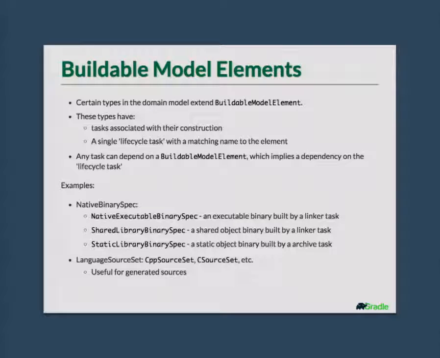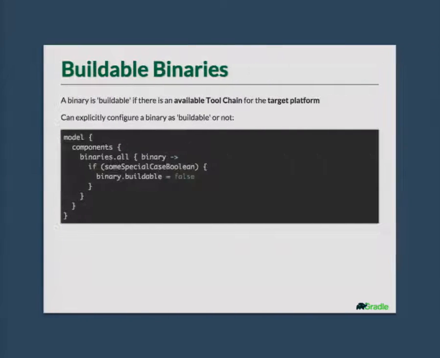Our source sets are also buildable model elements. So if you have a generated source directory, you can say, I have this source directory, it's generated by this task, and then if I depend on that source set, I will automatically wait for that generation task to run first.